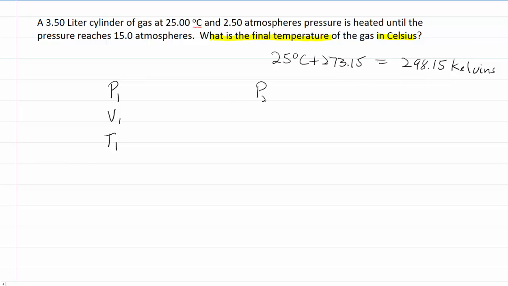I also want to write down my initial and final conditions. My initial volume is 3.5 liters. My initial temperature, 298.15. And my initial pressure was 2.5 atmospheres.